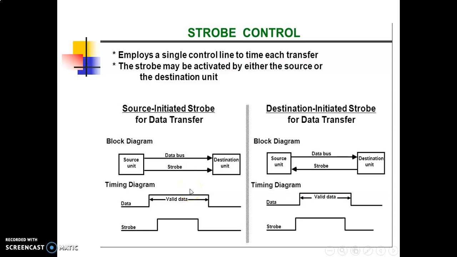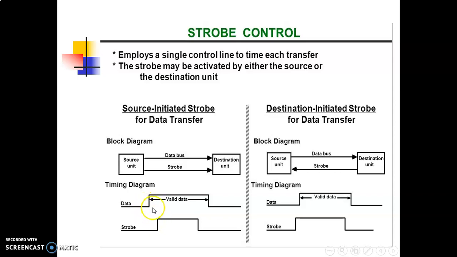Okay, and the diagram below shows the timing diagram. Basically, the source unit first places the data on the data bus. After a brief delay, which we can see here, the source activates the strobe pulse.